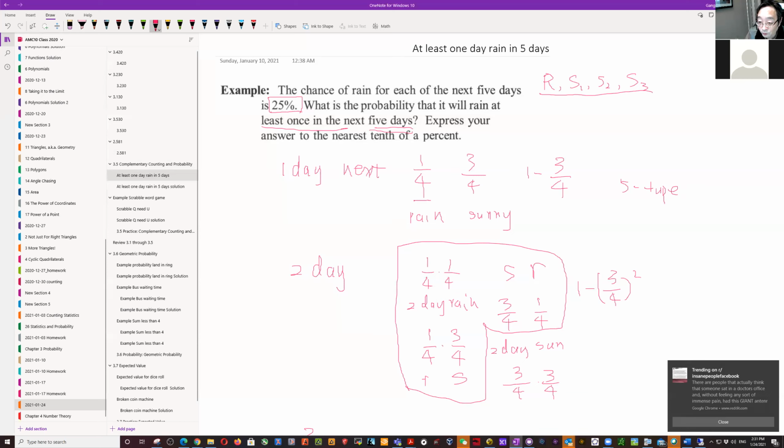You are free to choose rain or sun 1, sun 2, sun 3 to simulate this 25% chance of rain. So for a 5-tuple, each day you have 4 choices, that's 4 to the 5th power.